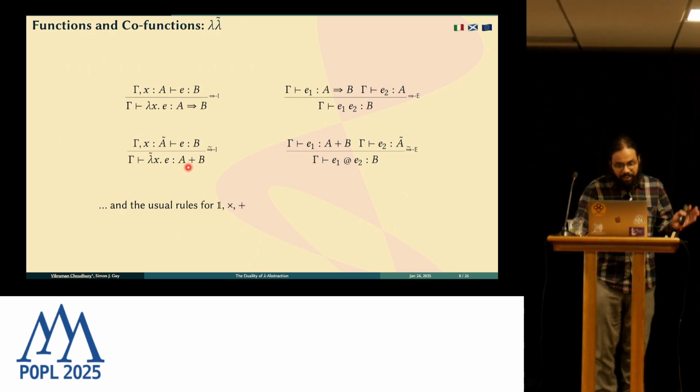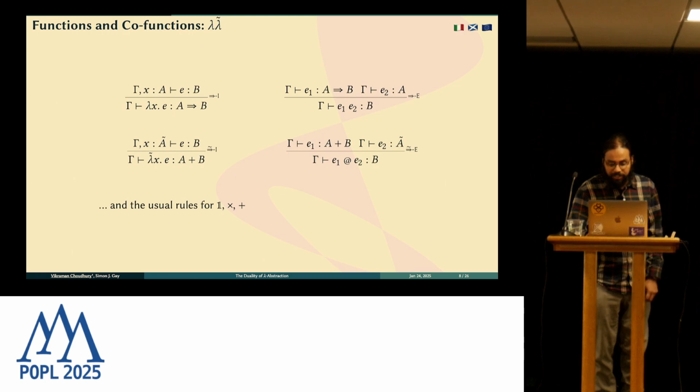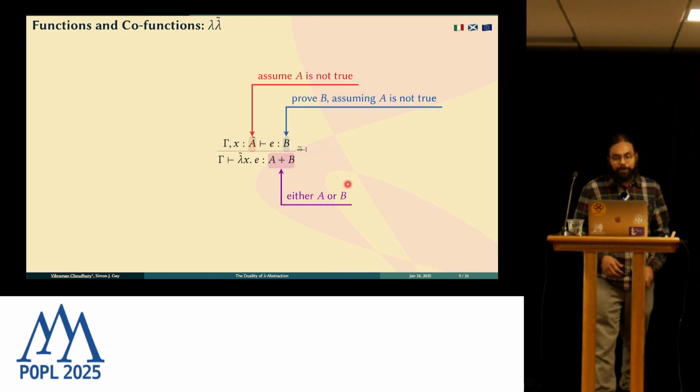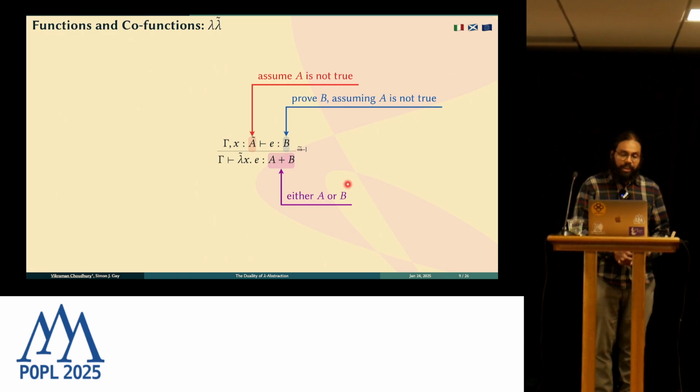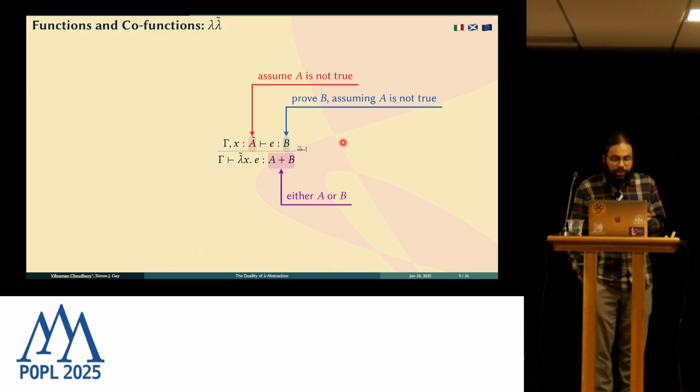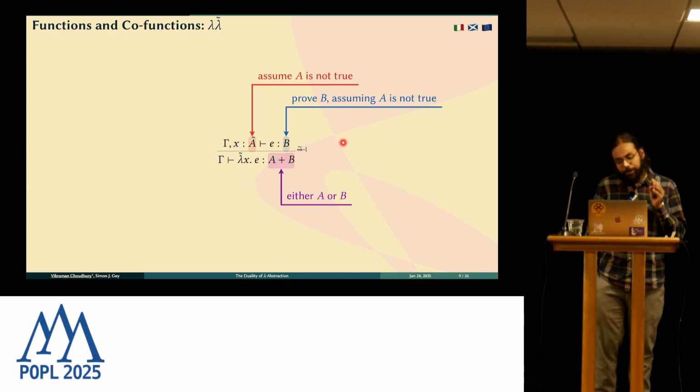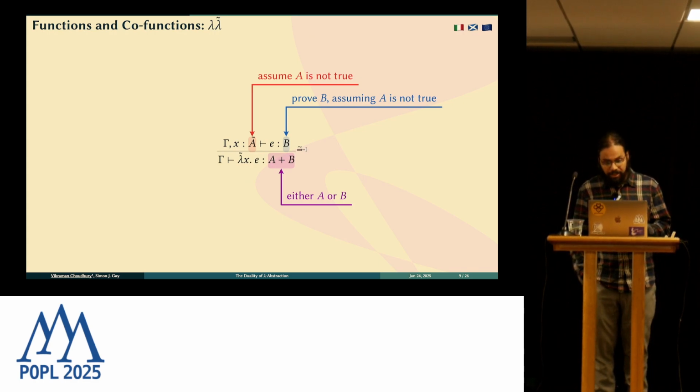Okay, so let's try to give a logical reading of these typing rules. The lambda bar introduction rule assumes something which is of type A dual, which means A is not true, and it tries to prove B, assuming A is not true. So this is a weird kind of sum where you're not proving B directly, but in a weaker context where you assume A is not true.